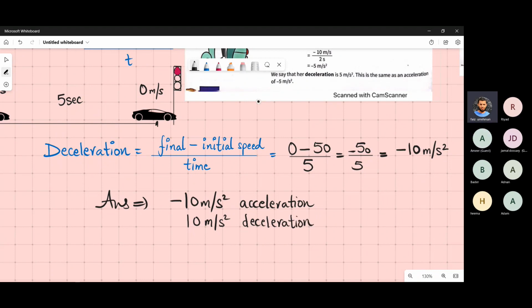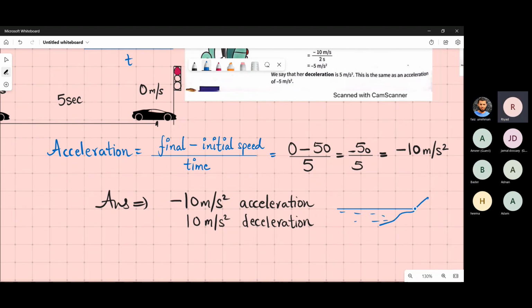So I should have used the word acceleration here, because if acceleration is coming in negative, it means deceleration. For example, you are standing on a corniche. This is water, and something is 3 meters below in the ocean.